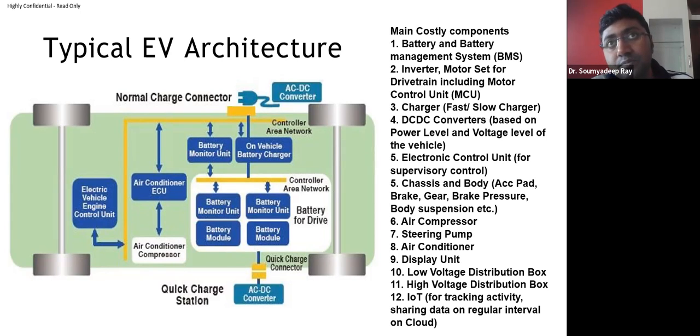Mostly the industry is using PMSM motors, permanent magnet synchronous motors. They also use induction motors, but both of these run on AC. This might be a 3-phase, 6-phase, or 9-phase induction motor or permanent magnet motor.